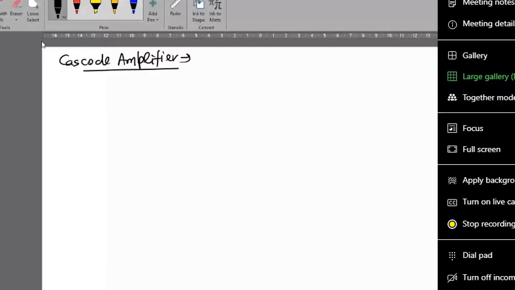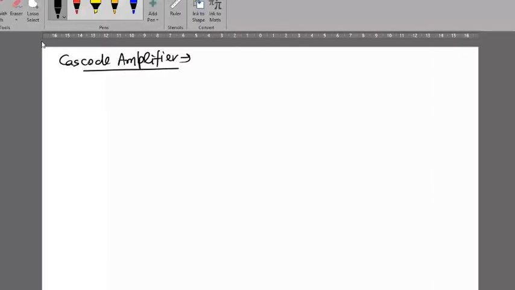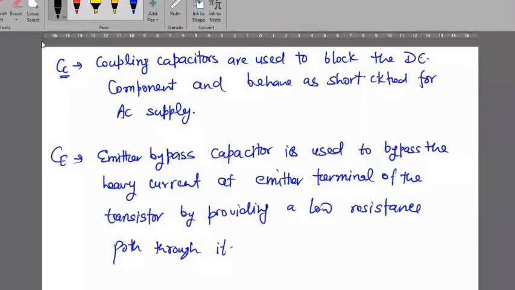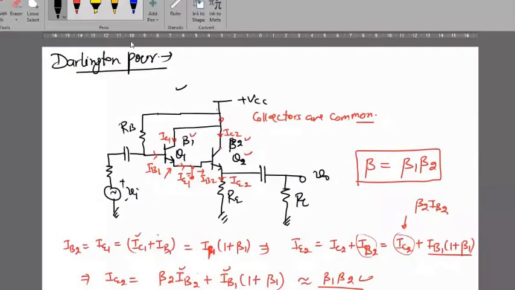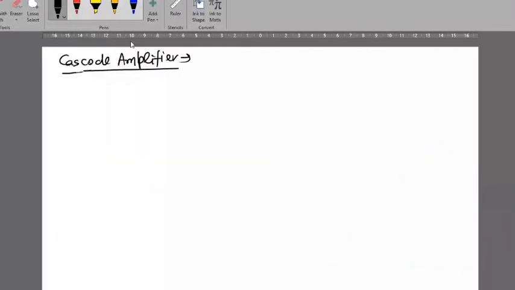And whenever you will be studying analog circuits in your second or third year, you will study similar kinds of circuits like the Darlington pair, RC coupled amplifier, and cascade amplifier with high frequency analysis. Okay, so in that case, you have to study all these circuits by yourself again.